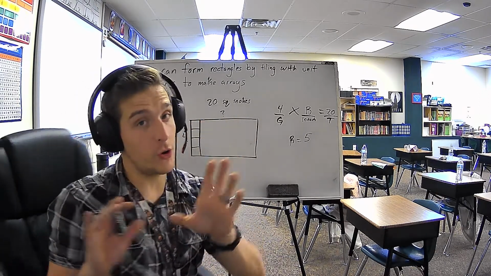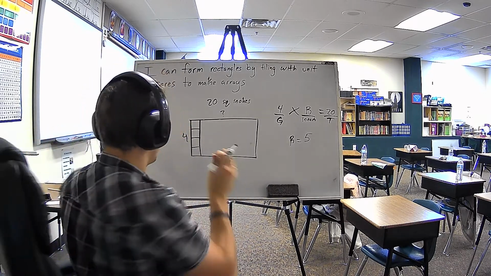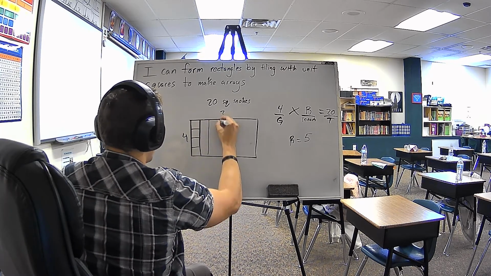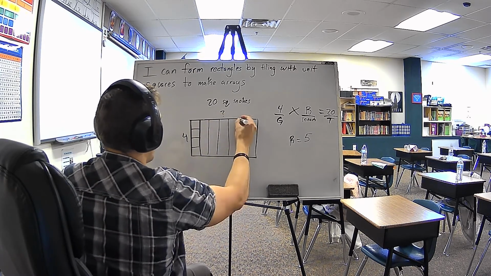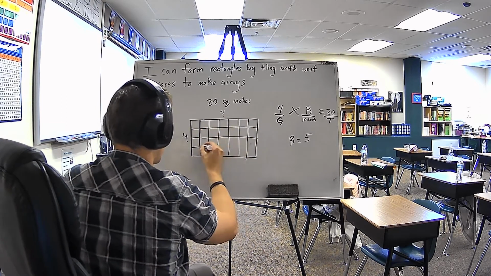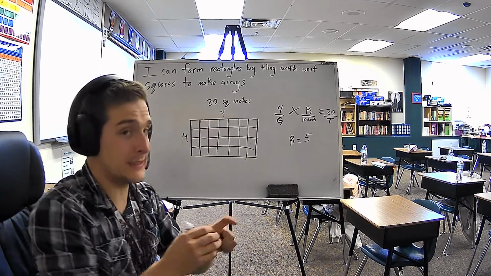But I'm going to show you how just copying it over can sometimes mess you up. So I'm going to say, okay, I think they're that big, so I'm going to make it like that, and just keep doing that all the way across like that. And then, of course, down like that. Then you'd have 1, 2, 3, 4, 5, 6, 7.